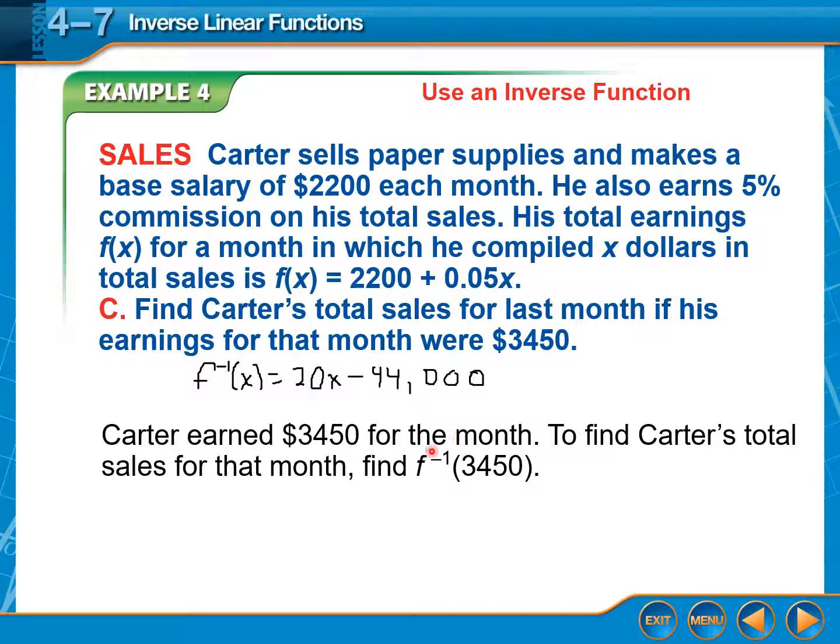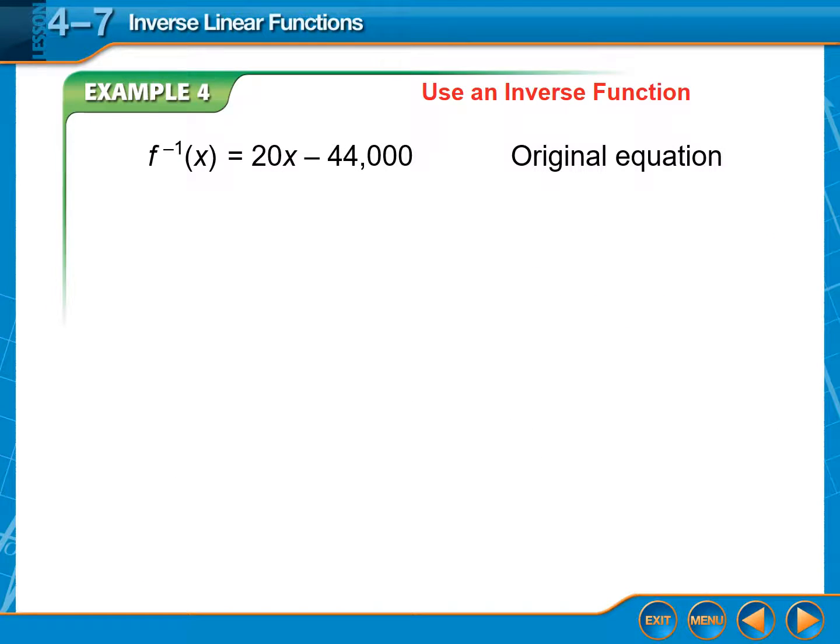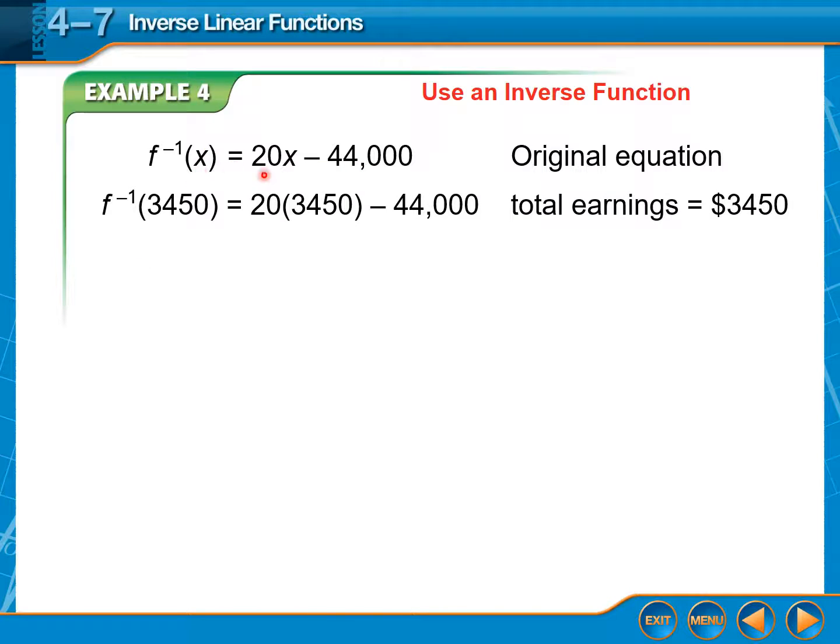So all we've done is we've created a shortcut to where now we can take this inverse function, plug in the amount of money he earned for x to figure out how much he sold for that month. So we take the inverse equation, 20x minus 44,000, except now I know that x is he made $3,450.